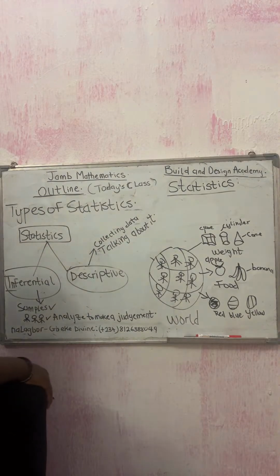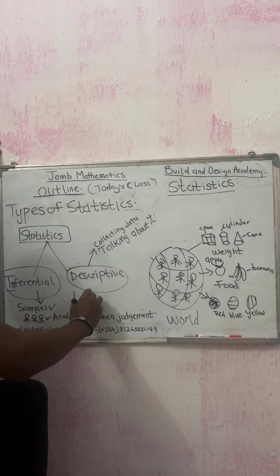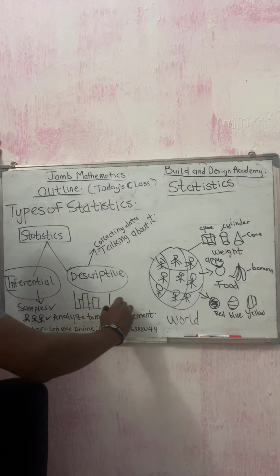This course is a very interesting course because it helps you see the world and be able to analyze using different methods. Now, for descriptive statistics, we normally use histograms and we use graphs.